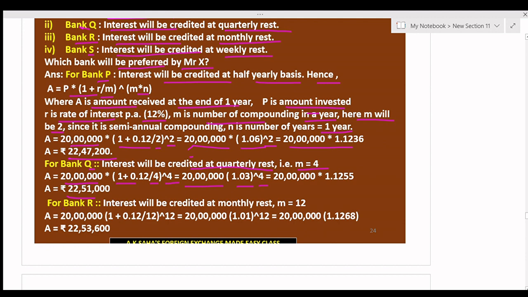For bank R, interest will be credited at monthly rate. That is, M is equal to 12. 20 lakhs into 1 plus 0.12 divided by 12 to the power 12 is equal to 20 lakh into 1.01 to the power 12, is equal to rupees 22 lakhs 53,600.